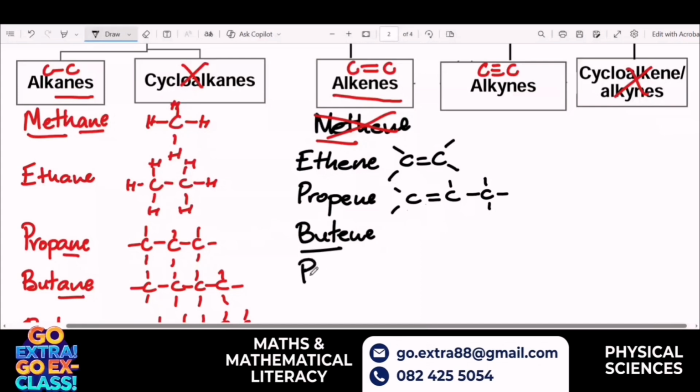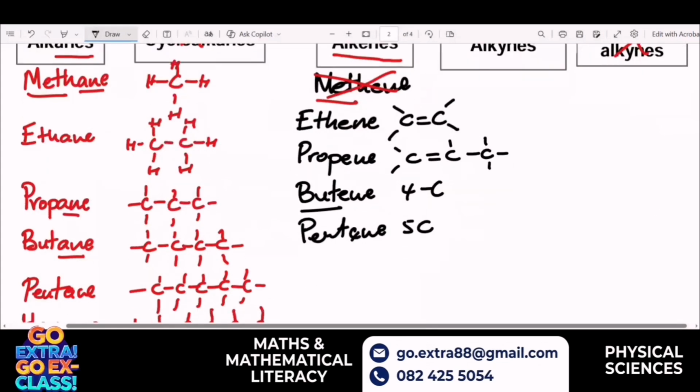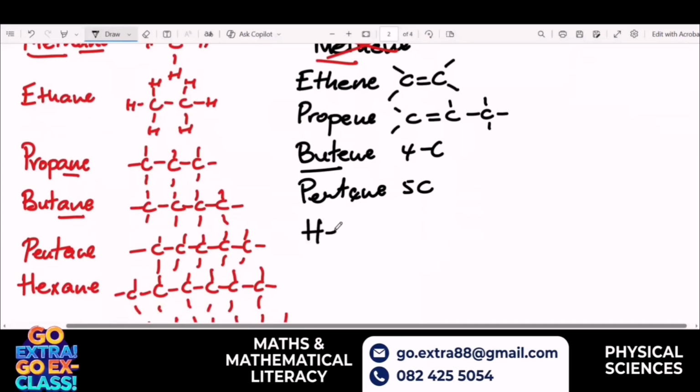And then we're also going to have pentene. Pentene means 5. There's going to be 5 carbons, and as I said, 4 carbons before, plus a double bond.